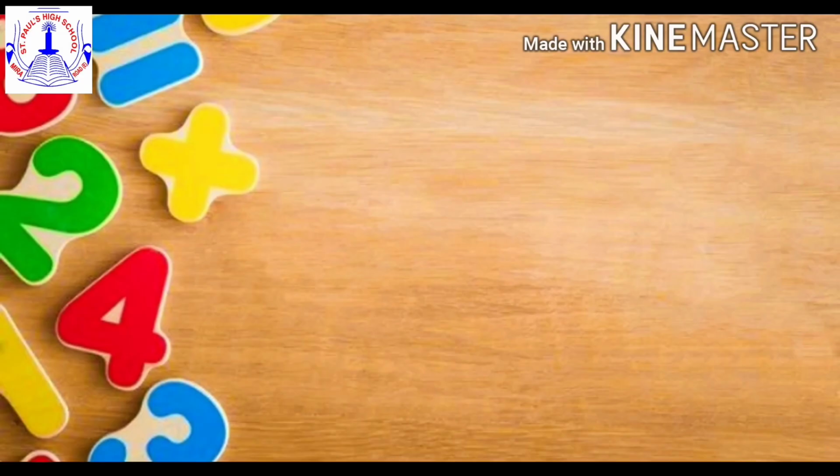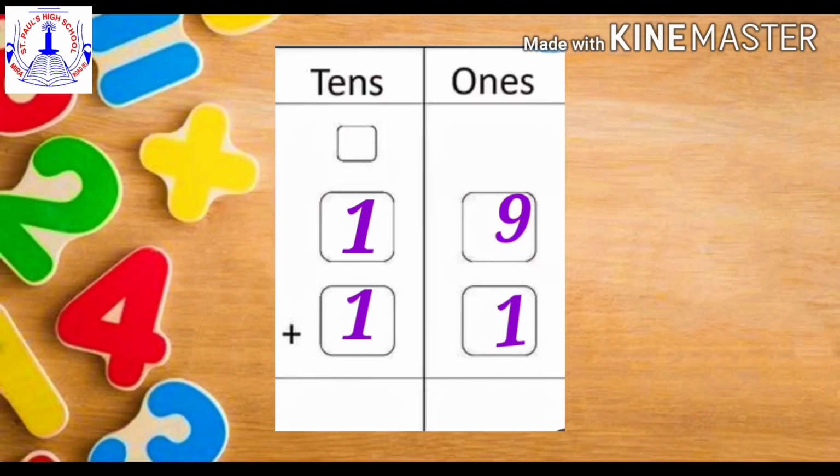When you count the numbers 1, 2, 3, 4 like this, the number goes on till 10 and you have only 10 fingers. Yes or no? So when the number goes beyond 10, then after that number 11 comes. For example, in units place, if we add 9 plus 1, we get the answer 10.